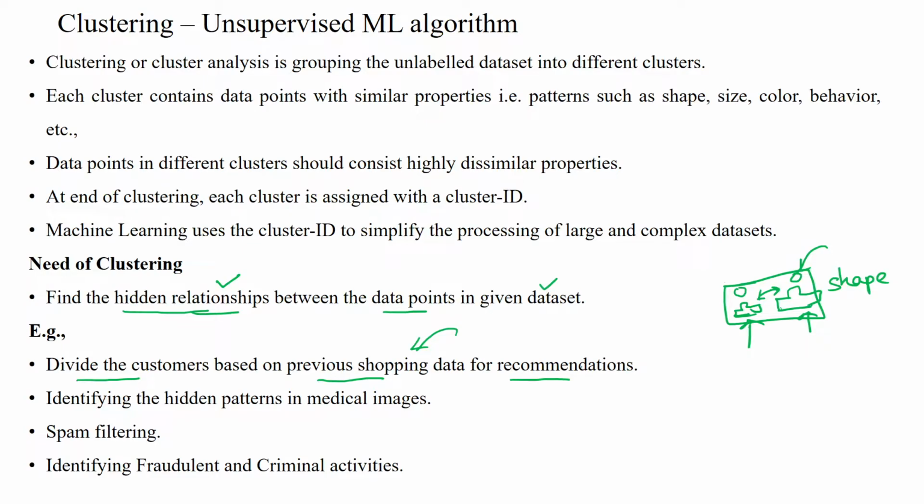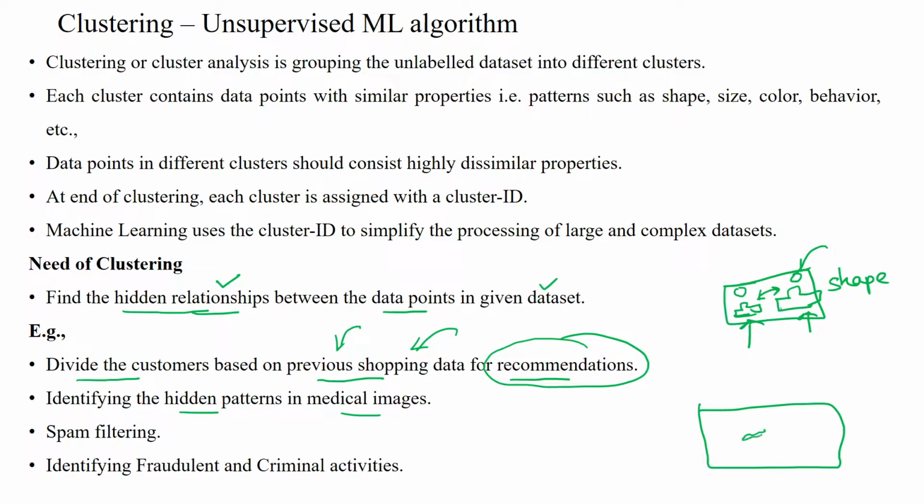So like that, they will recommend the remaining items related to our current or previous purchasing behavior. And identifying hidden patterns in medical images. For example, if there is a medical image, I mean an X-ray, the affected portion will be available, right?